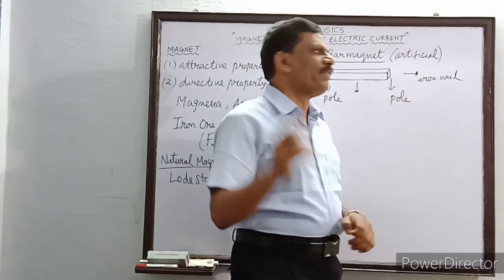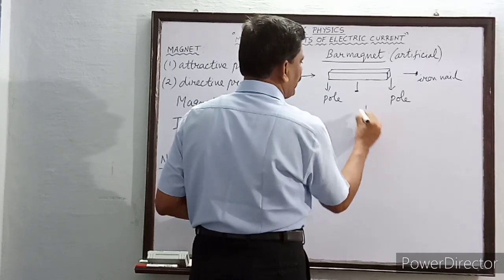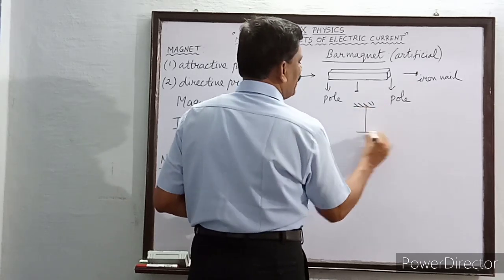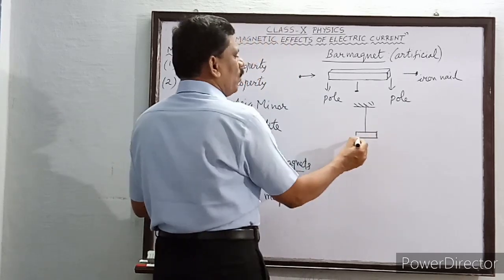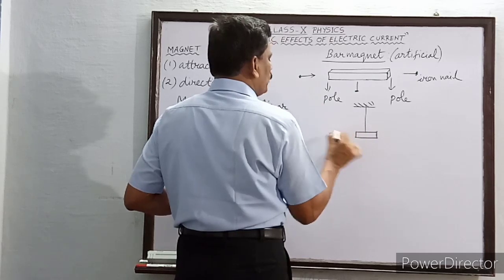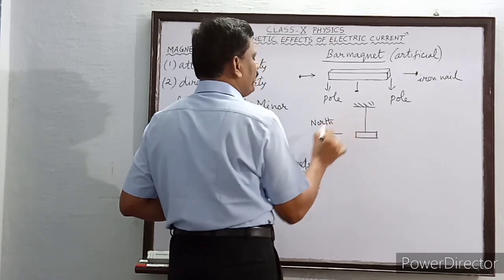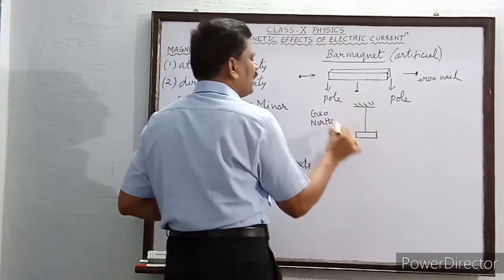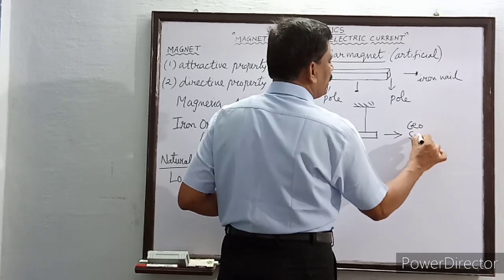Okay, what will happen if a bar magnet is suspended freely? One end will be pointing towards the geographic north, and the other end is pointing towards the geographic south.